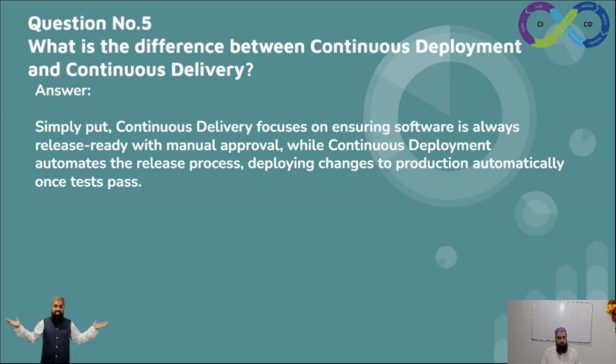One is continuous deployment, which is fully automated, with no manual intervention. In continuous delivery, we have a manual intervention involved. After the tests are checked by a DevOps architect or a DevOps engineer, then the artifact is deployed on the deployment environment. So that is the key difference.